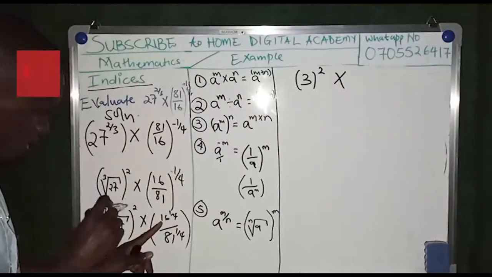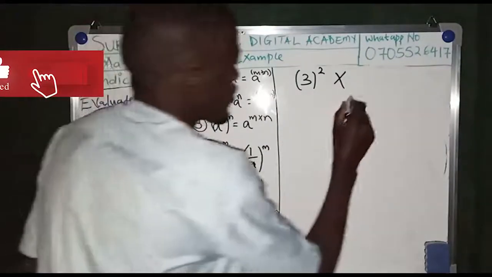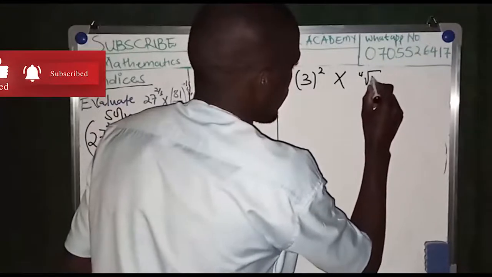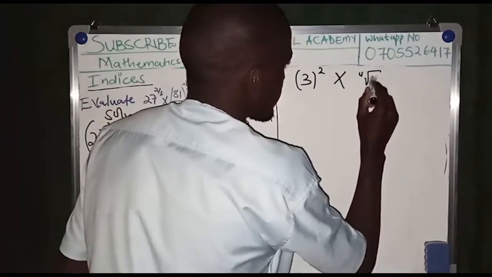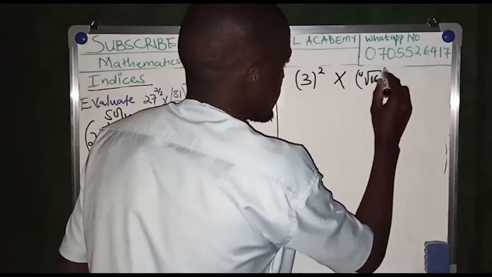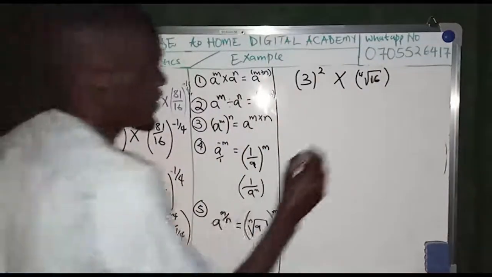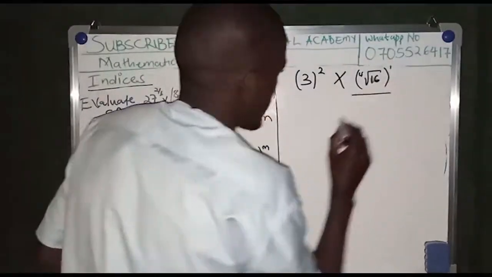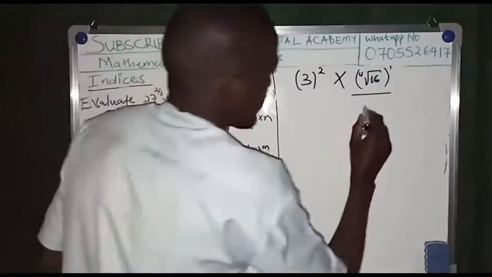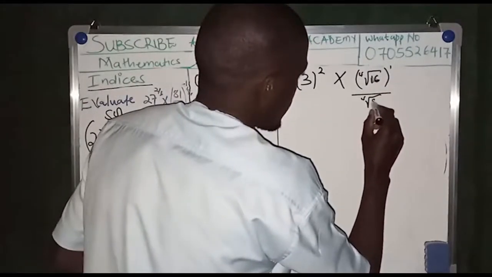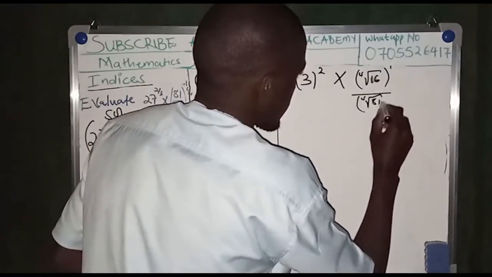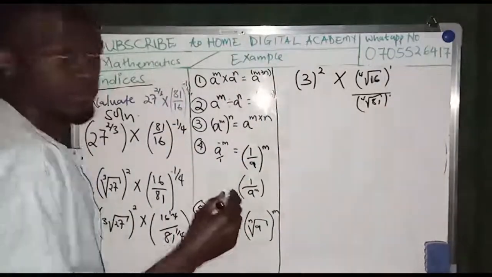Now, let us put these ones in roots. So it will be the 4th root of 16, the 4th root of 16. Now, the power, it will be power 1. Then divide by the 4th root of 81. Then the power is 1.